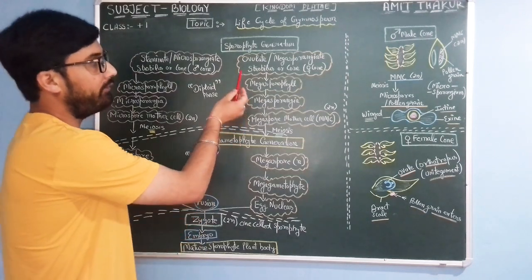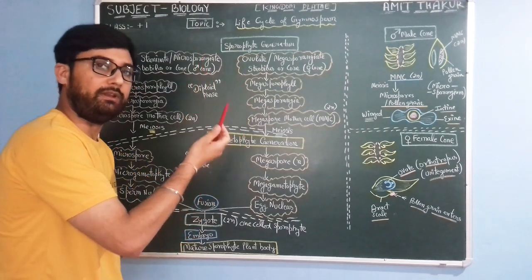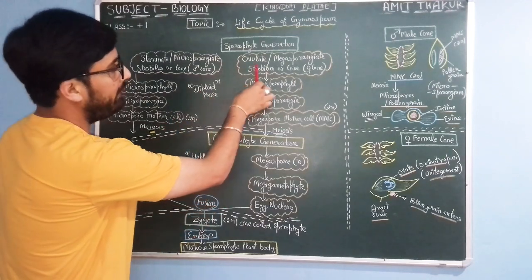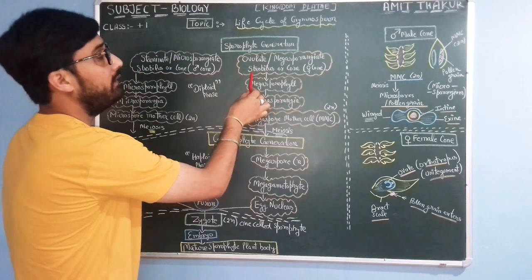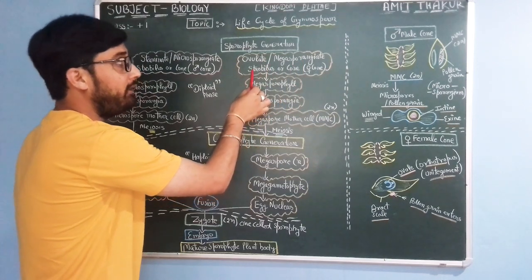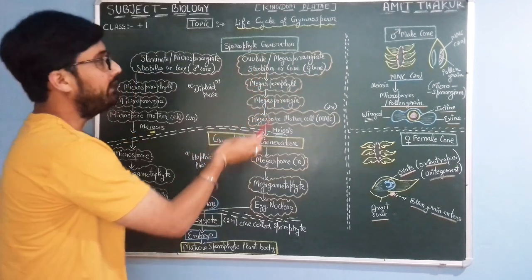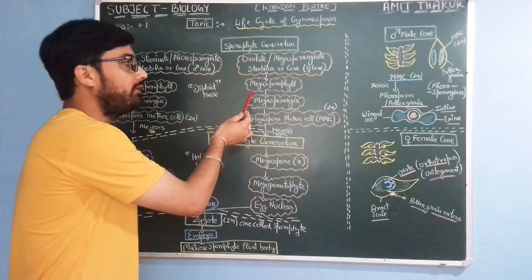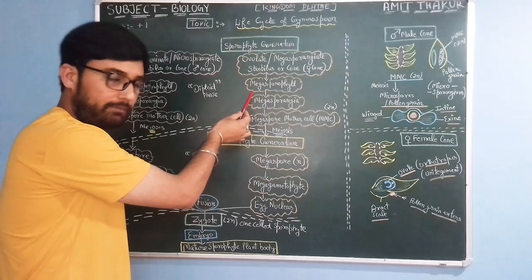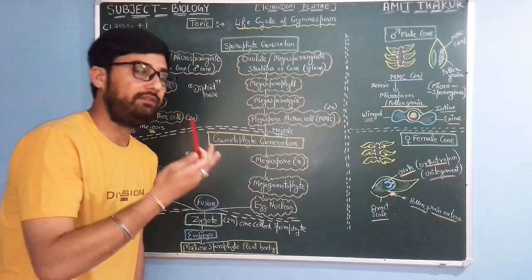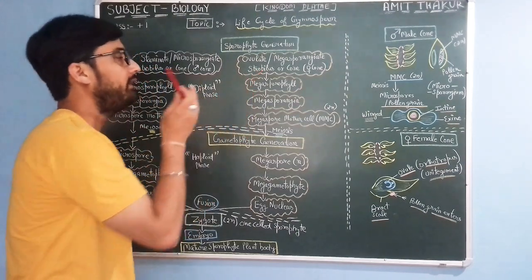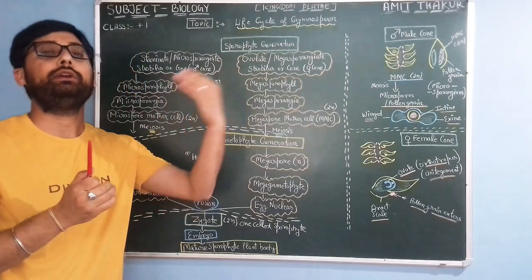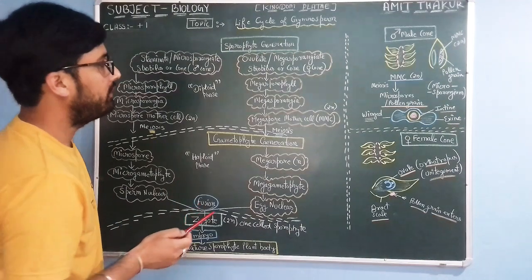So in case of female strobilus or female cone or female reproductive structure, this ovulate or megasporangiate cone is formed, and inside this female cone megasporophyll is developed. Megasporophyll means the region where the egg is going to be produced.